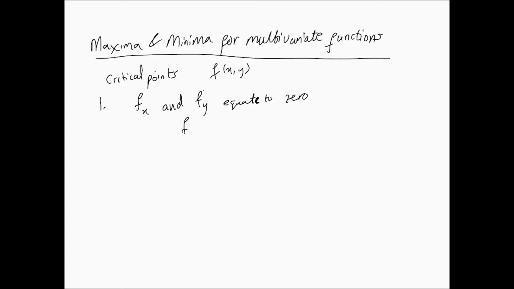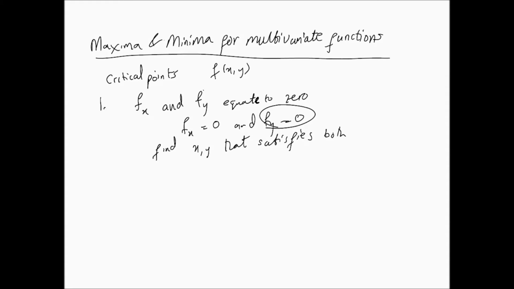In other words, you're looking at fx equals 0 and fy equals 0. Now you find the values of x and y that satisfy both simultaneously.